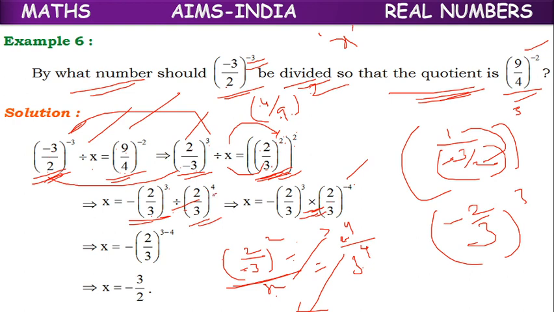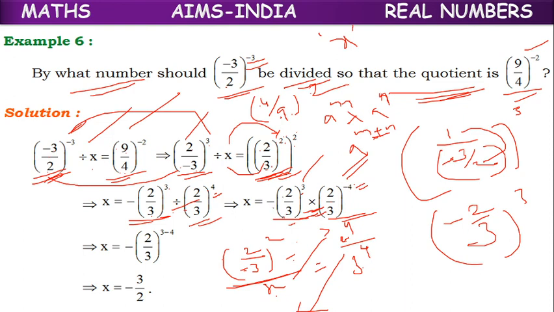Instead of plus 4, we will have minus 4. Now here also 2 by 3, here also 2 by 3, but here the power is 3 and here the power is minus 4. Suppose we have a power m into a power n, bases are same but powers are different. What we will do? a power m plus n. Powers we can add directly.